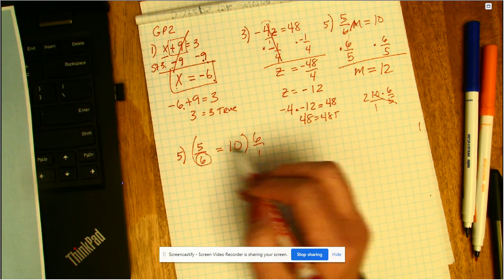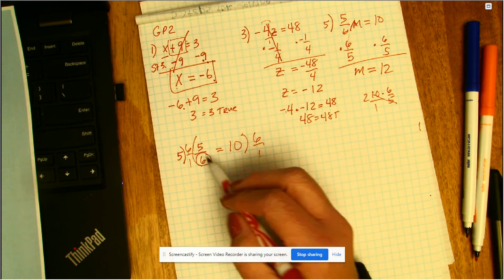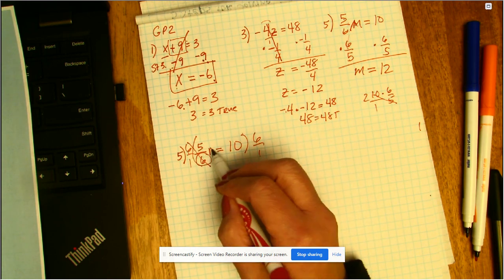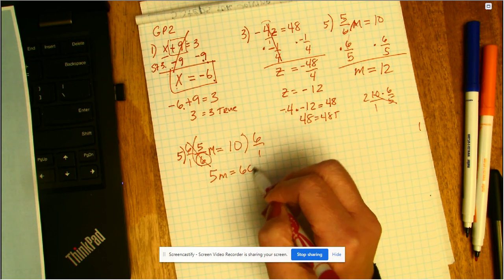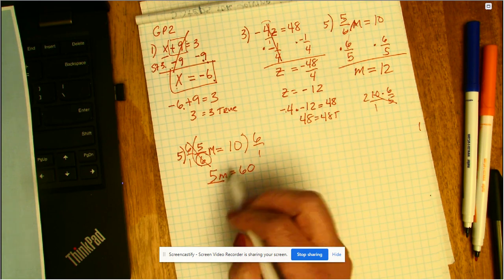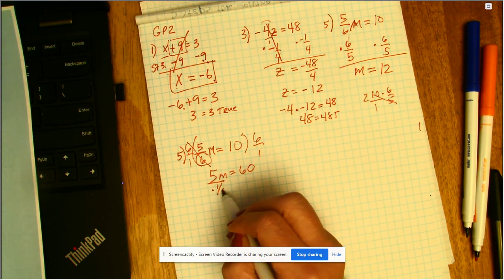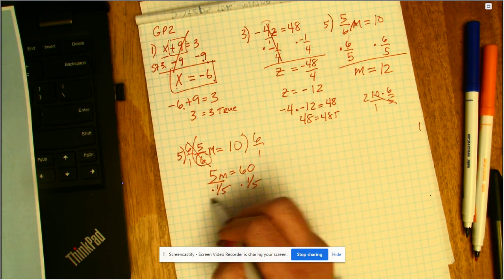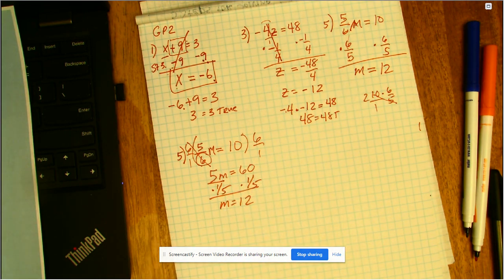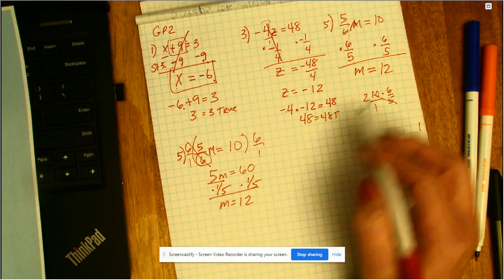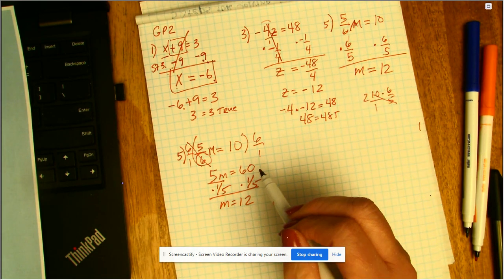So 6 over 1. And if I do that, this cancels out, leaving me with 5m. And 10 times 6 would give me 60. I could then multiply both sides by 1/5 and get m equals 12. So that's another way to eliminate it kind of in 2 steps rather than using just the straight multiplicative inverse.